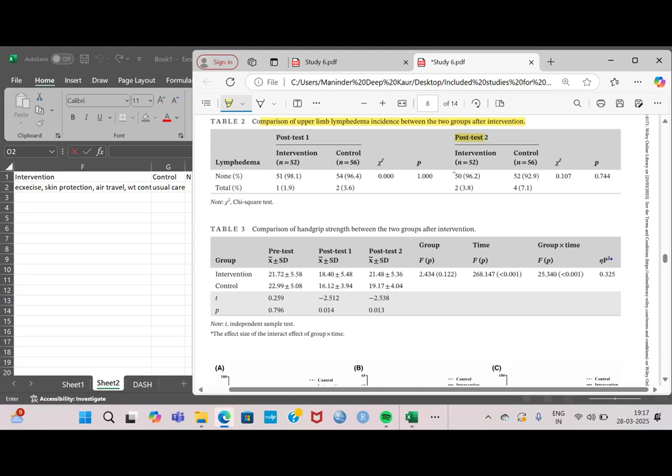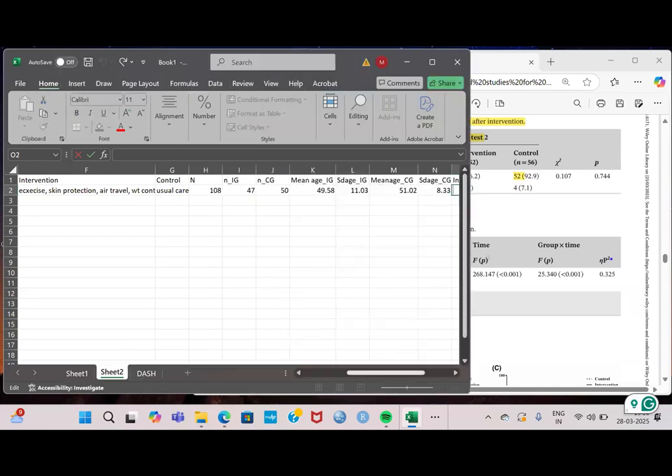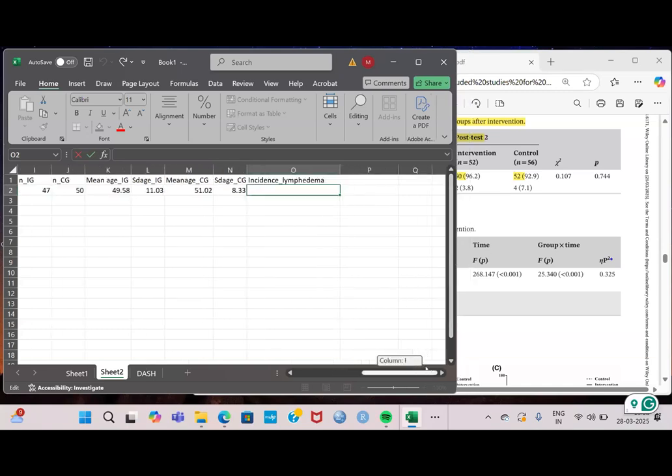So in the intervention group, 50 participants have lymphedema, and in the control group, 52 participants have lymphedema. So I will put this number in the Excel sheet. Okay.